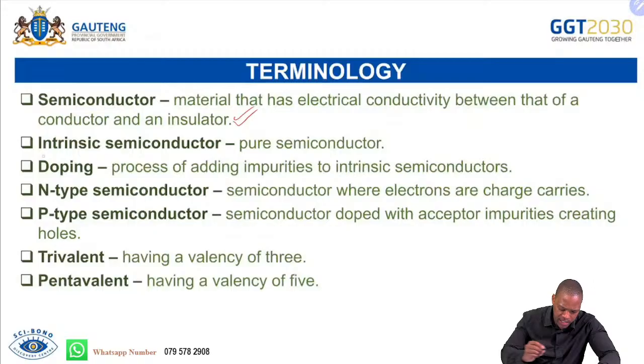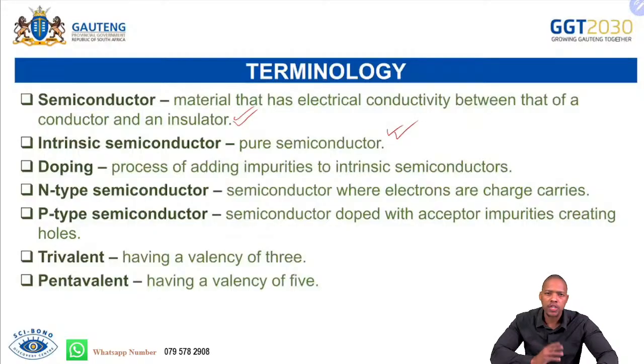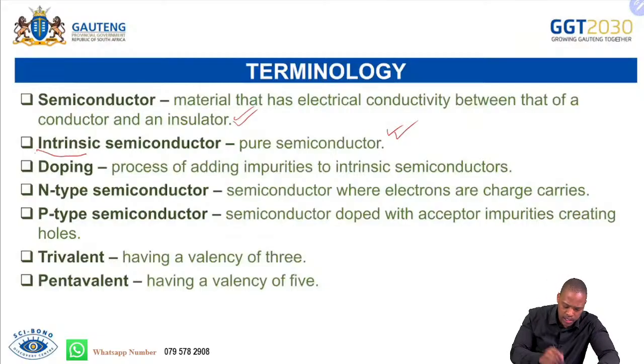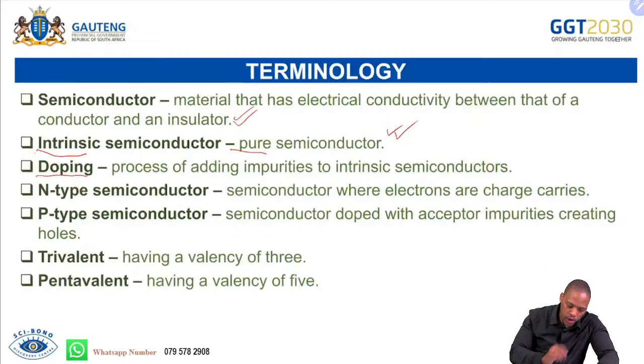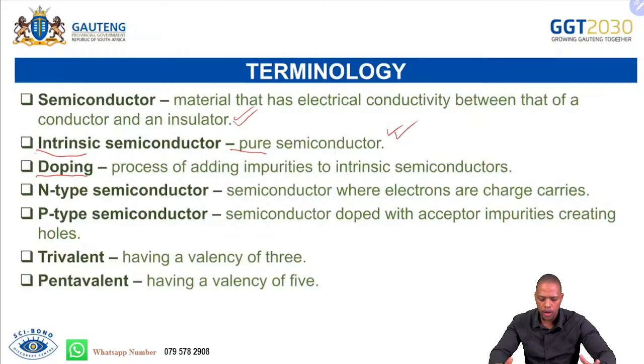We must know an intrinsic semiconductor as a pure semiconductor. So when we talk of intrinsic semiconductor, we say it's a pure semiconductor. It's a semiconductor that consists only of itself. Doping is another new word, the process of adding impurities to intrinsic semiconductors.